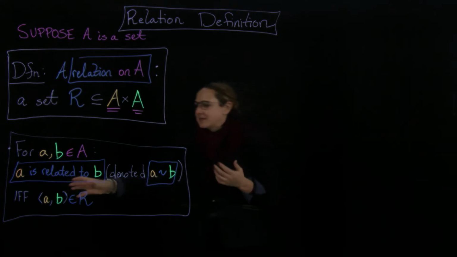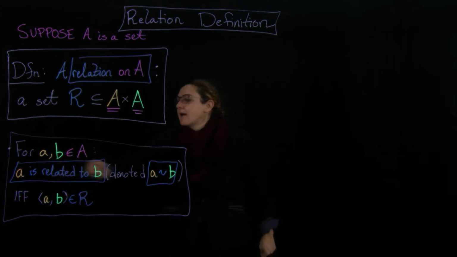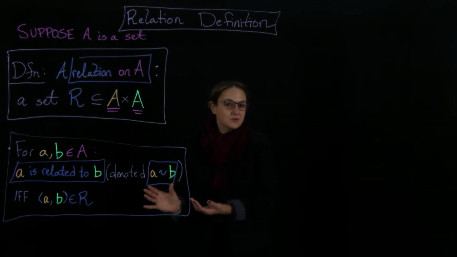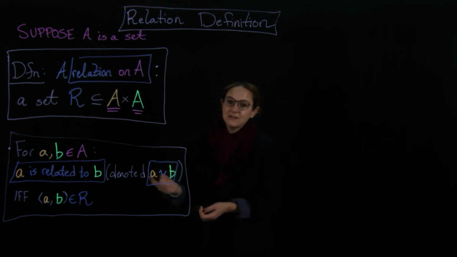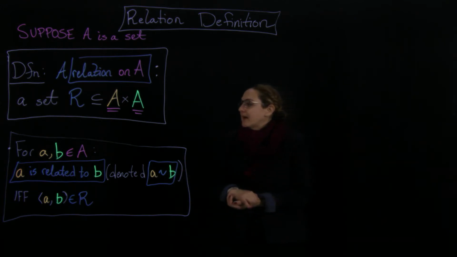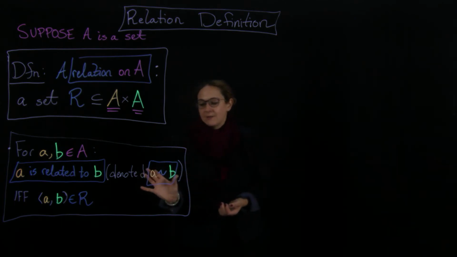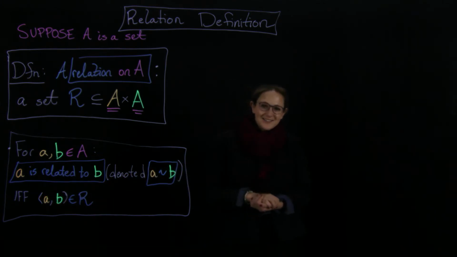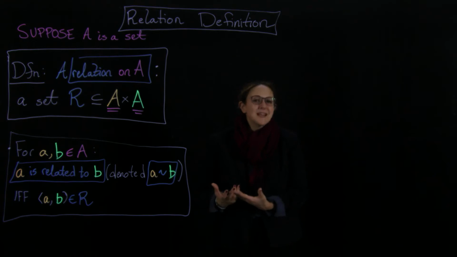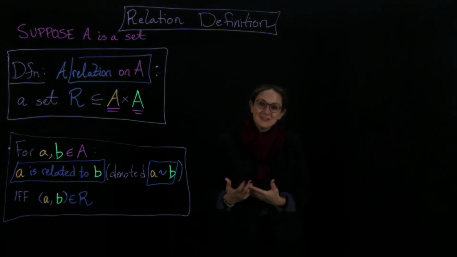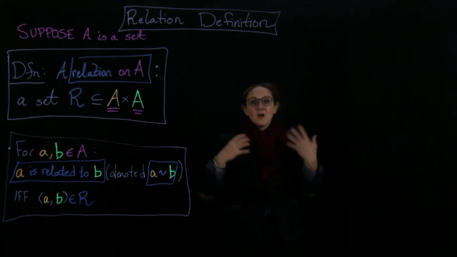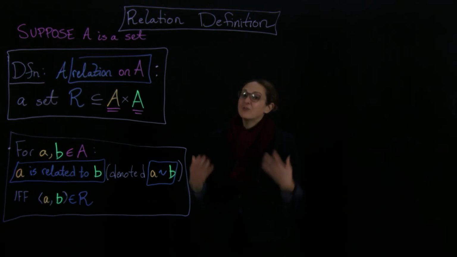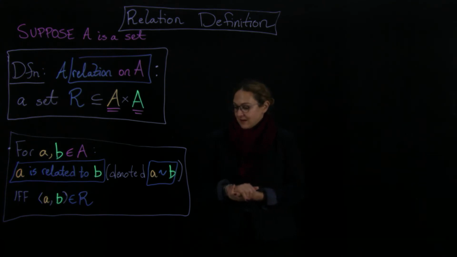This is an element of the Cartesian product, and these are elements of A. This is just shorthand notation, used more frequently, so it's good to get to know it. By saying what subset of A cross A we're talking about, we're saying which elements are related to which. And for now, the order really matters.